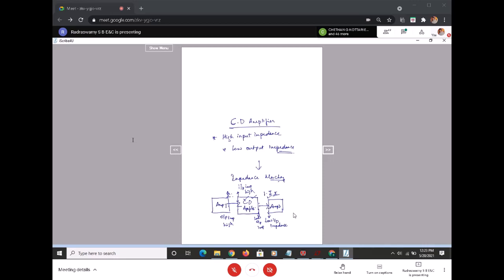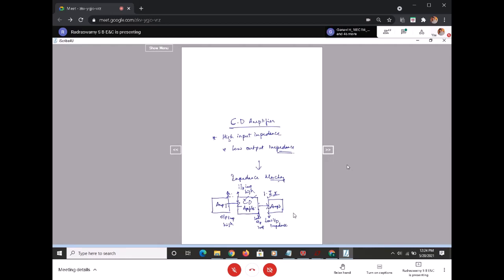Its characteristics are high input impedance and low output impedance, and because of that it is sometimes used as a coupling device, which couples one stage with another to match the impedance and also reduce the signal loss.